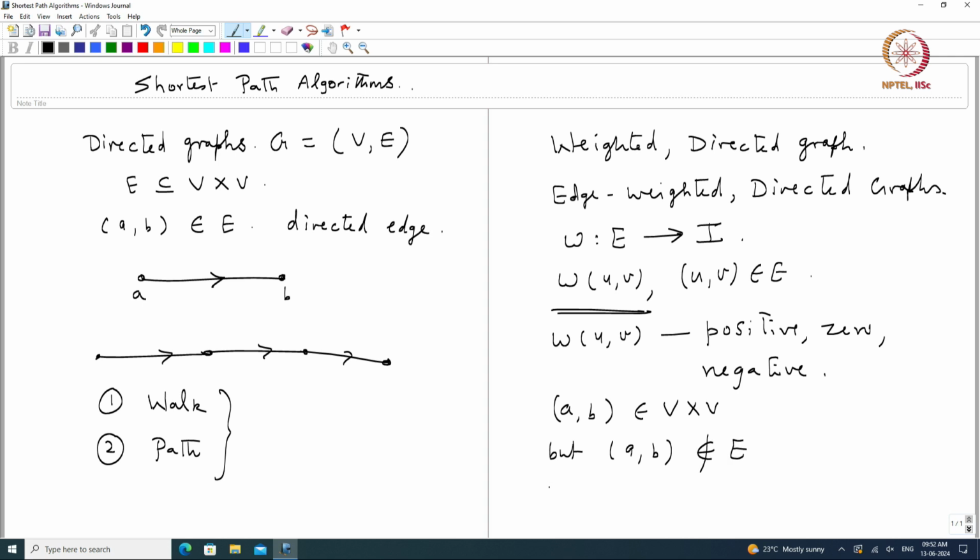In this case, we would set W(AB), the weight of this pair. This is not an edge, just a pair. So, this is called the extended weight function. We are extending the weight function to all pairs. Weight functions are defined only for edges. If there is an edge, we associate an integer for that.